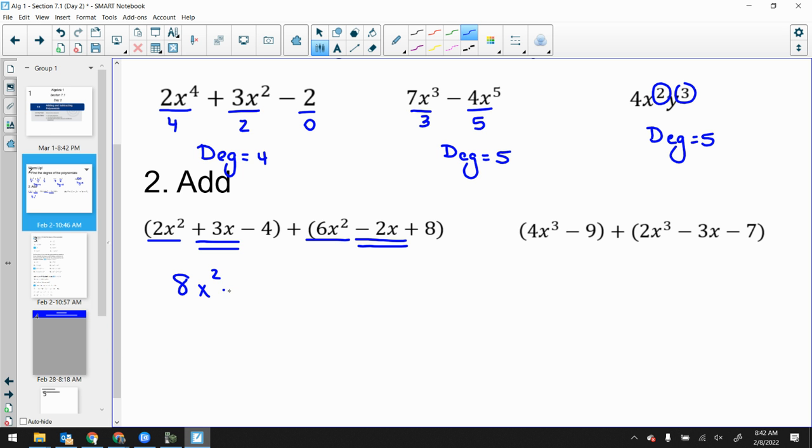It's just x. Good. And then I've got a minus 4 and a plus 8, which makes what? Plus 4. Good. So there's my polynomial. Polynomial with degree what? What's the degree of that polynomial? 2. Right. The degree is 2. Can anybody identify the leading coefficient? Nick? 8. Good.